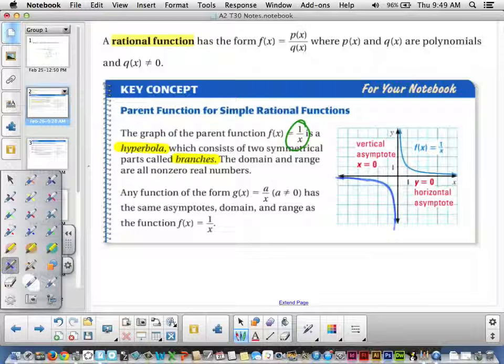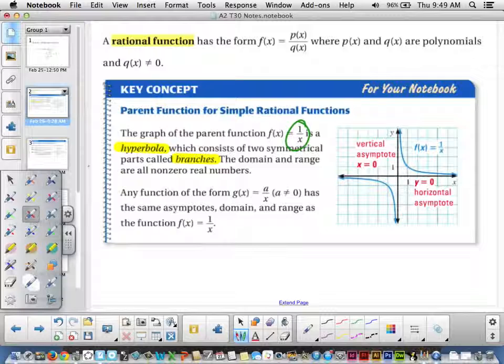Same thing as we continue, starts on the y, curves off and hugs the x. That action where it's really close, that's called your asymptote. At the extreme, the graph is approaching y equals 0 and x equals 0. So all rational functions have two asymptotes, one vertical and one horizontal.